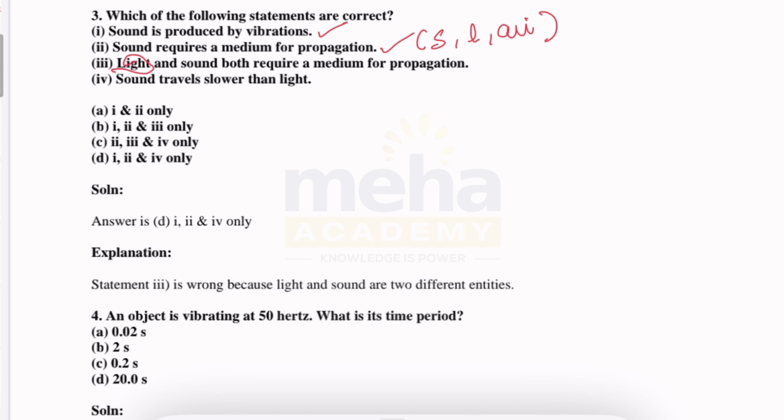Actually, light travels in vacuum also. What is vacuum? When you remove the air from a given place, it is called a vacuum. Light can travel in vacuum also. Now, sound travels slower than light. True. So the option is 1, 2 and 4. D is the option.